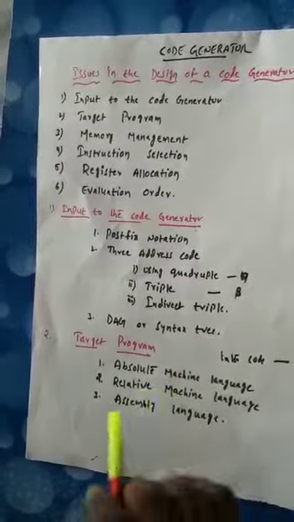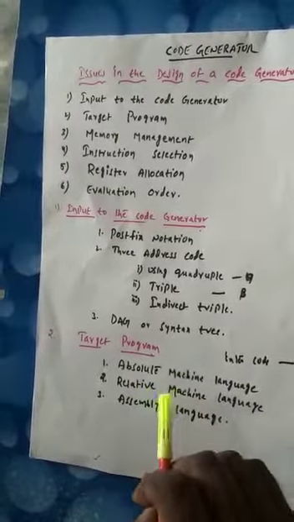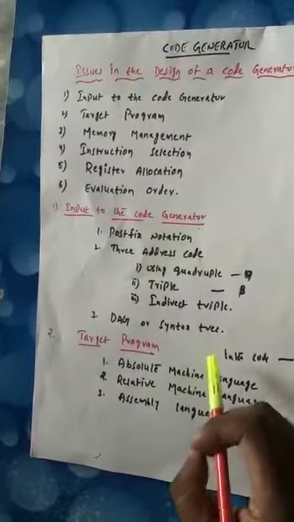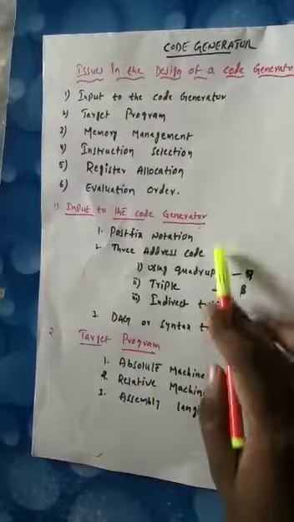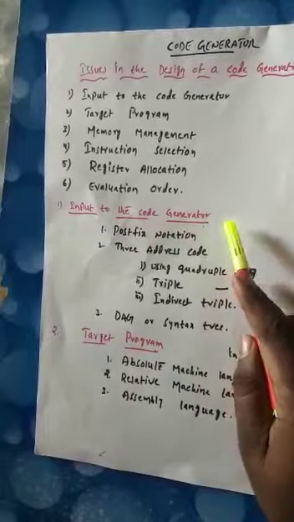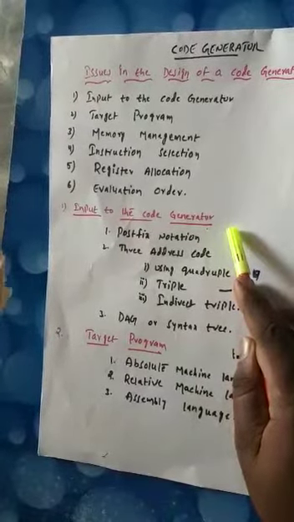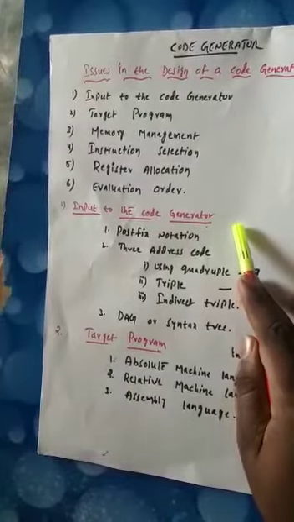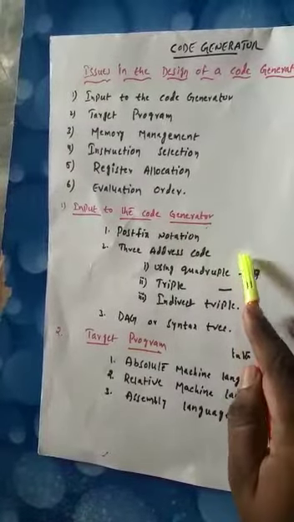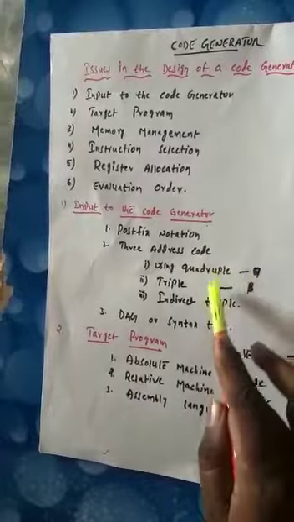Nothing but intermediate code is the input. The intermediate code can be represented in several ways.